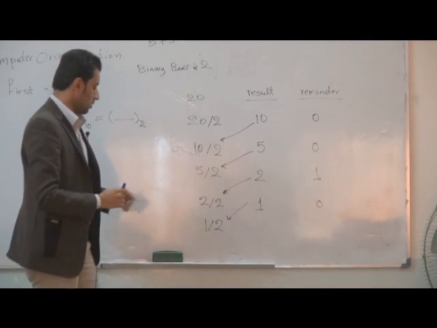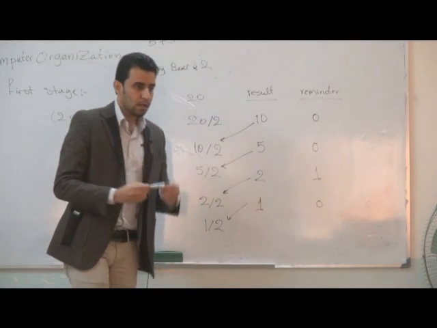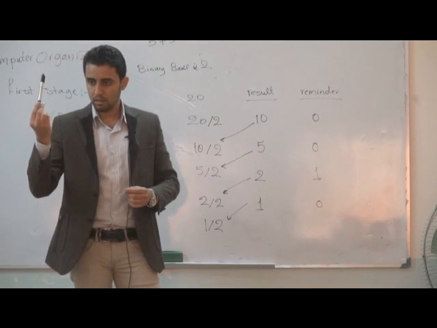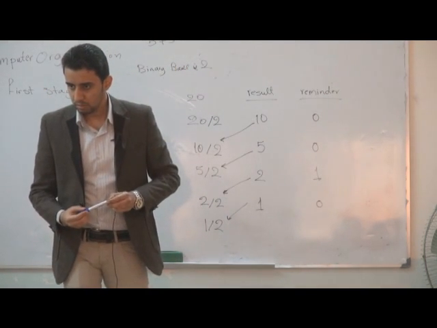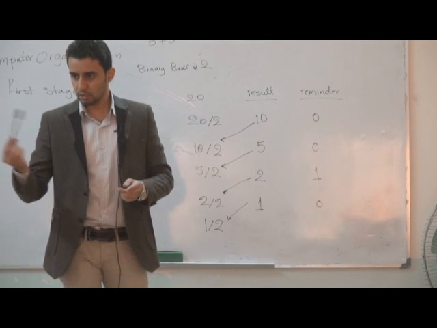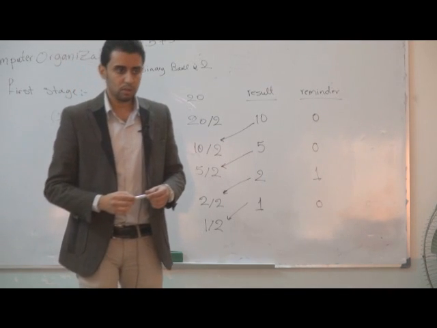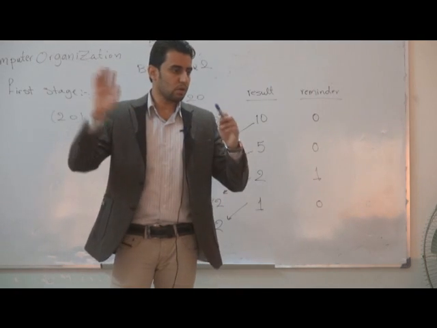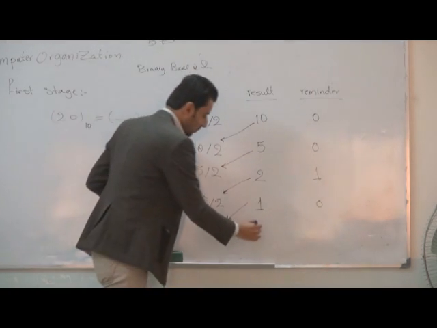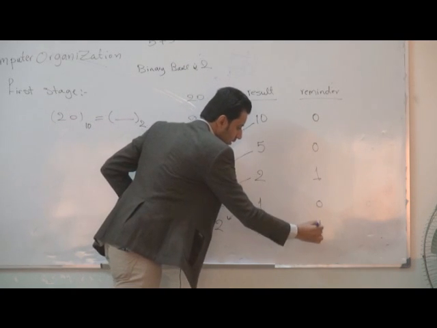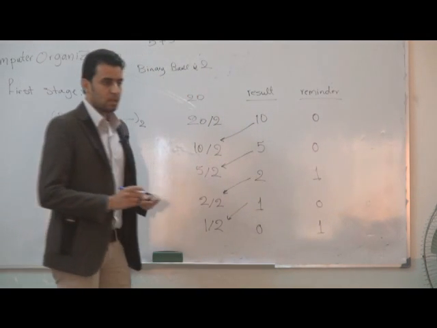So 1 divided by 2: like I have only this one pen and I want to share it between 2 students. I can't. It's impossible. So I will say I don't have a pen for both of you; I will take my pen. So the result will become 0 and the remainder is 1.